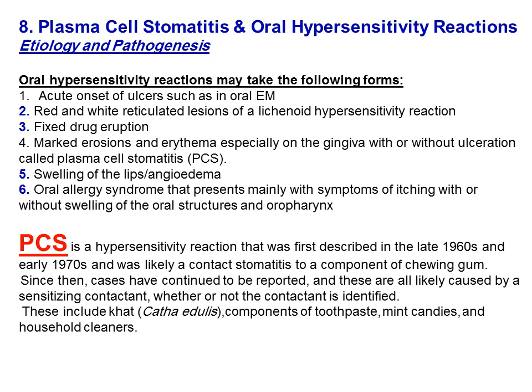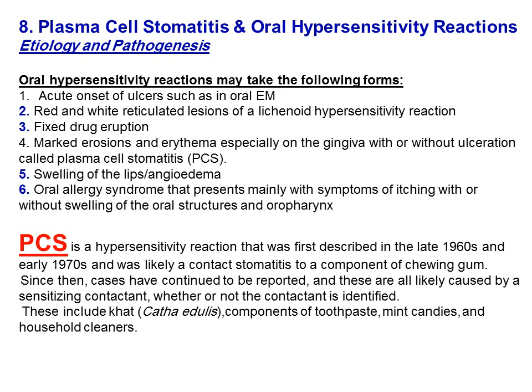Now we will talk about plasma cell stomatitis and oral hypersensitivity reactions. Talking about etiology and pathogenesis, considering the oral hypersensitivity reaction in the oral cavity, there are 6 forms.